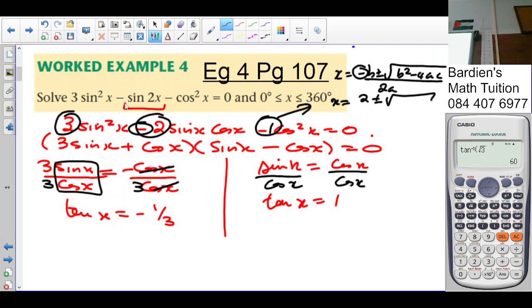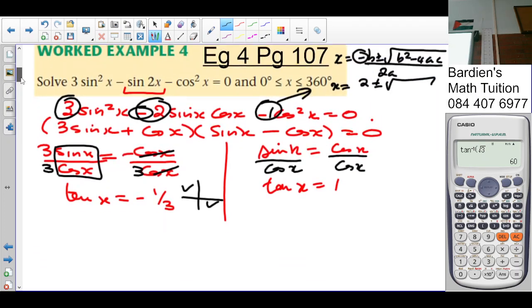Okay. So what do we ask ourselves now? In which quadrant is tan negative? 2 and 4. Remember, tan is a repeated solution. So your reference x is equal to arctan of a third. Arctan of a third is 18.43. So how do we get into quadrant 2?